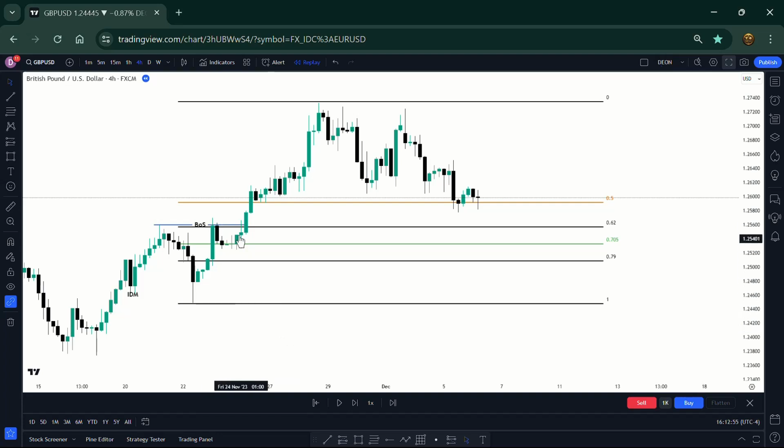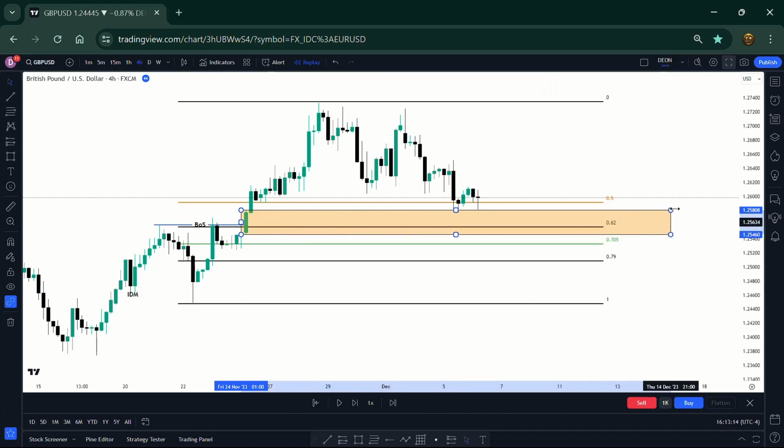So you can mark. These are inside candles here. Do not mark these. In fact, this is not the decision. The decision is right here. This is the decision right here. I didn't see it.